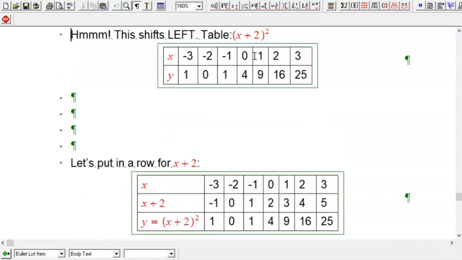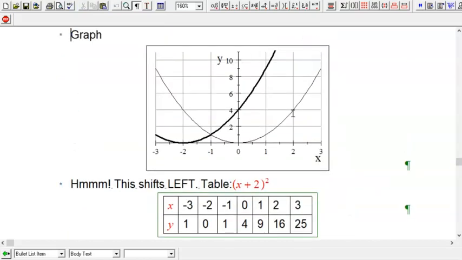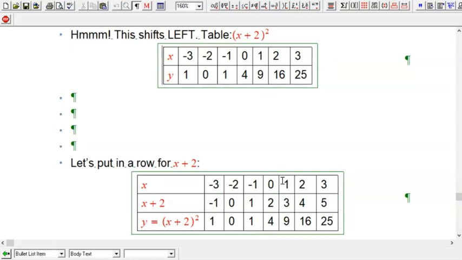Let's try that with another point. Suppose I want to figure out the shift for this point over on the right-hand side of the original curve, where it had height 4. I ask, where on the new curve am I going to get height 4? This seems to say that should be x equals 0. That's exactly right, because if I want to get height 4 on the modified curve, then the thing I need to square, which is x plus 2, had better be 2.